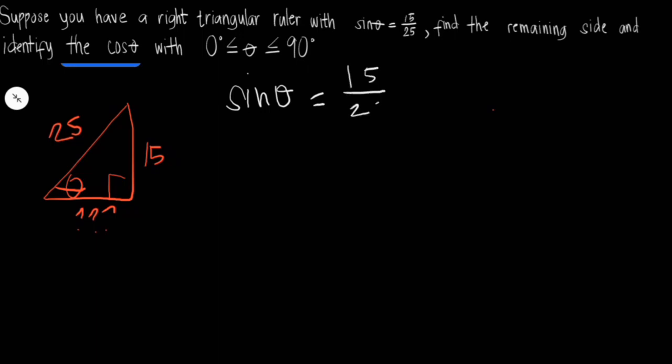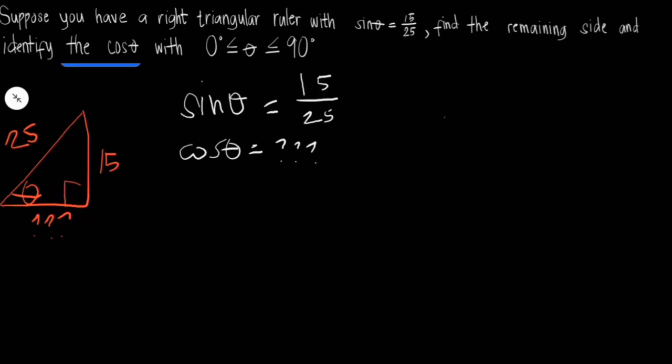To find the remaining side and the cosine theta, we have to use the Pythagorean identity, which is sine squared theta plus cosine squared theta equals 1.